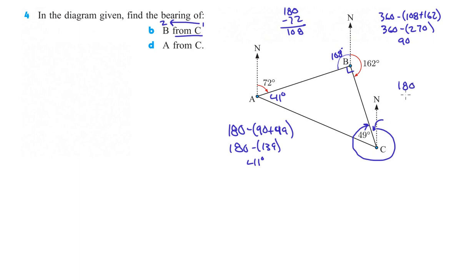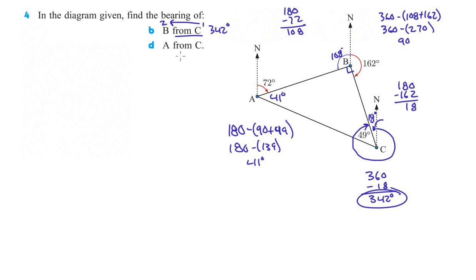So we just want to do 180 minus 162 is going to tell us that that right there is 18 degrees. So to figure out the bearing angle of B from C, it's just short of a full circle, right? 360 minus that 18 degrees there is going to give us 342 degrees.